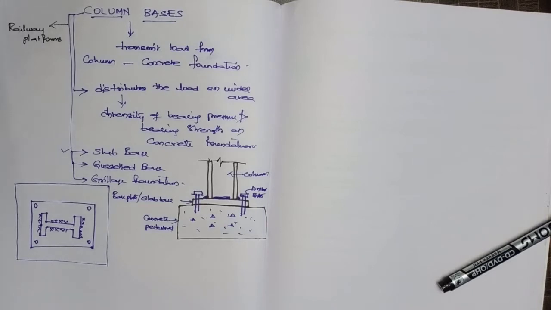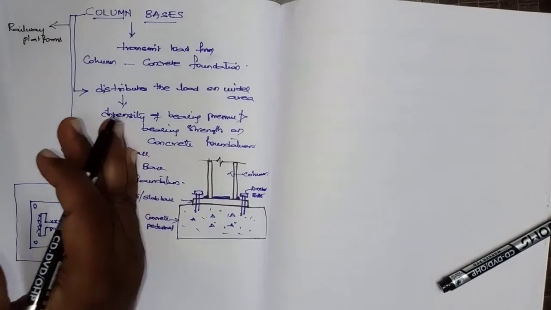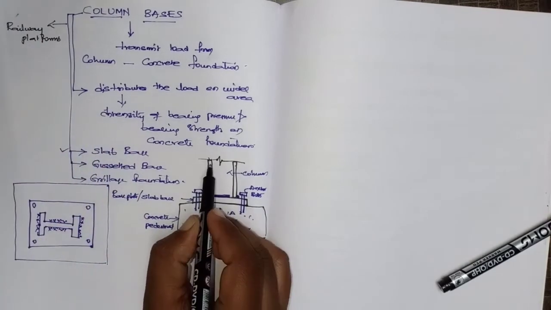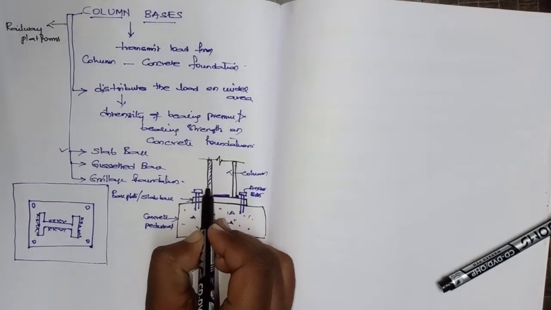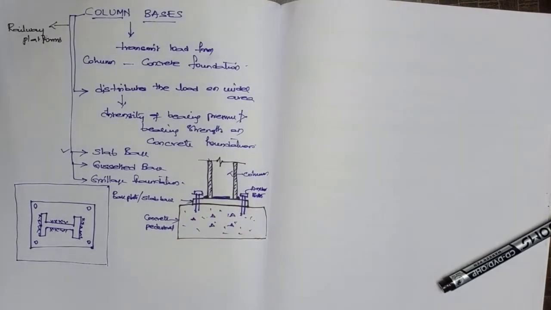Now what we are going to do is, till this topic, before what we have done is just we have designed this column. Designed in the sense, for the given load we have chosen the section.